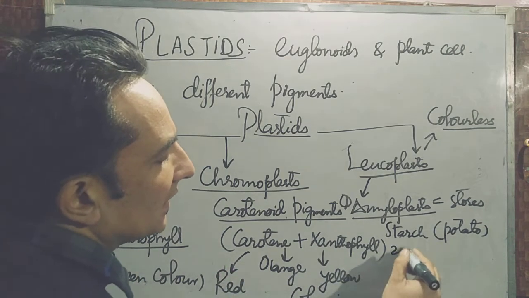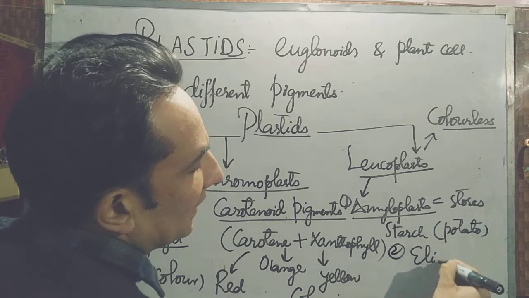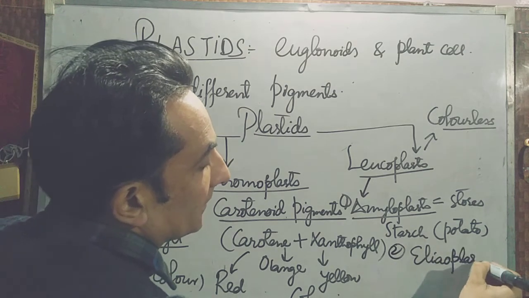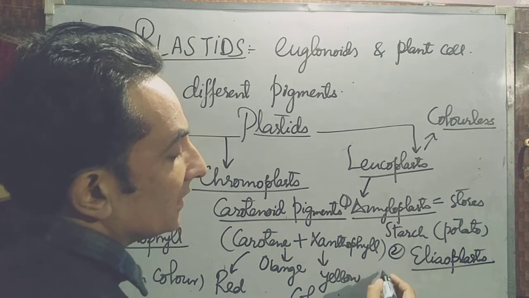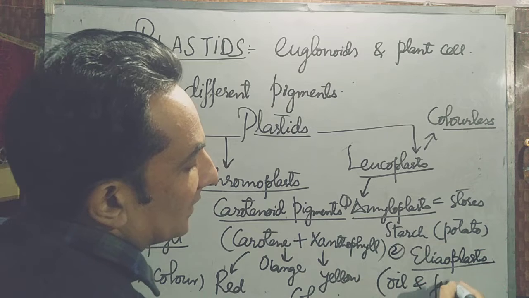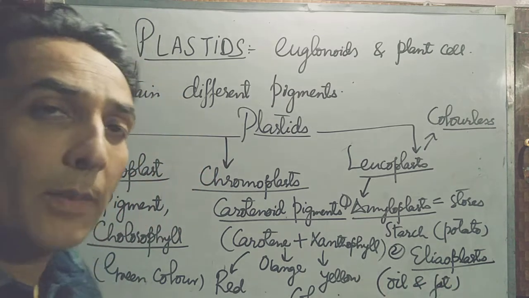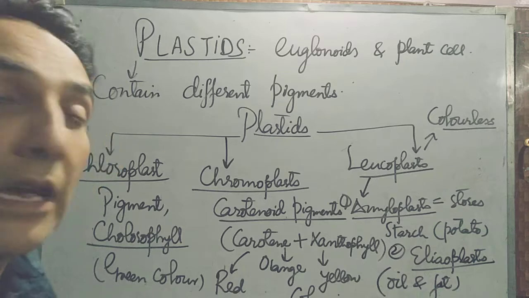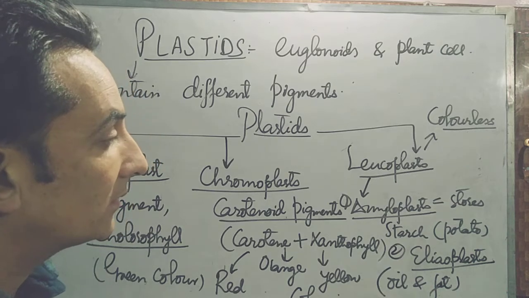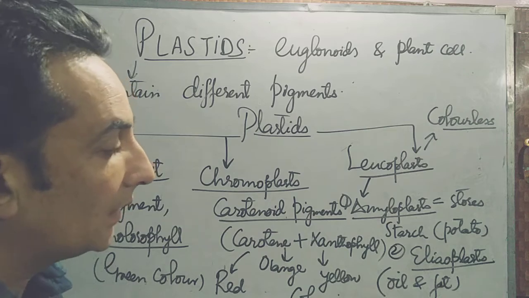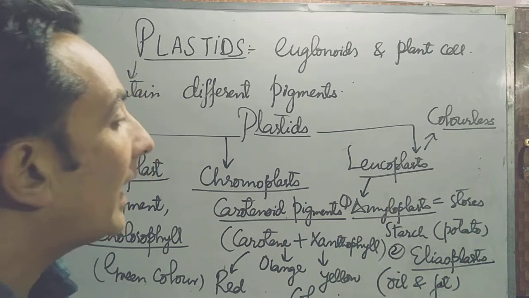Then there's another category known as elaioplasts. These plastids store oil and fat molecules. So leucoplasts are colorless and don't have any pigment, but they have storage functions, like the amyloplasts, which store starch, and elaioplasts, which store oil and fat.